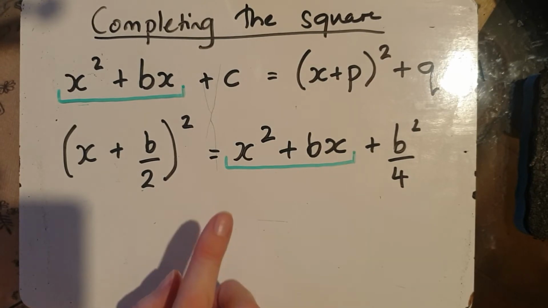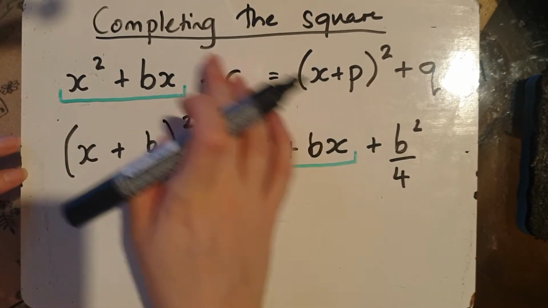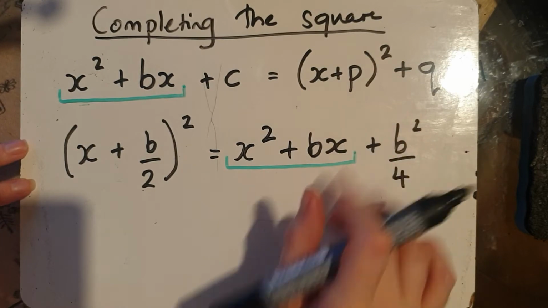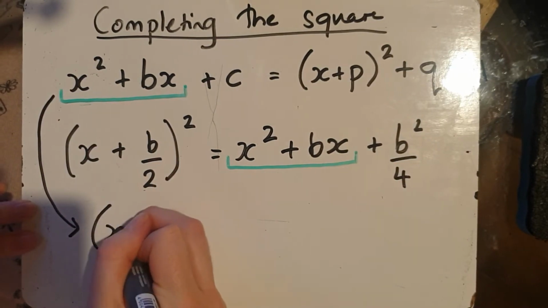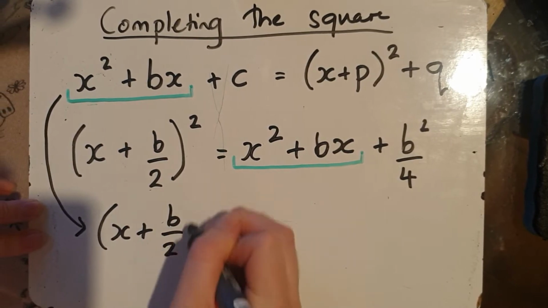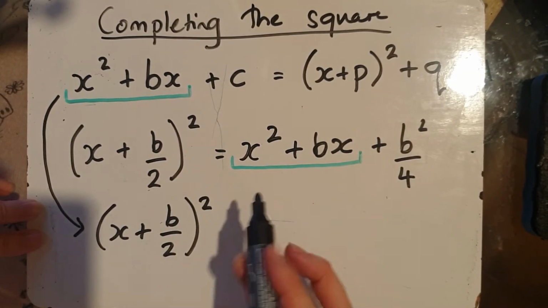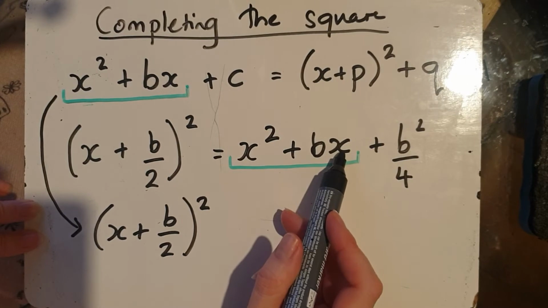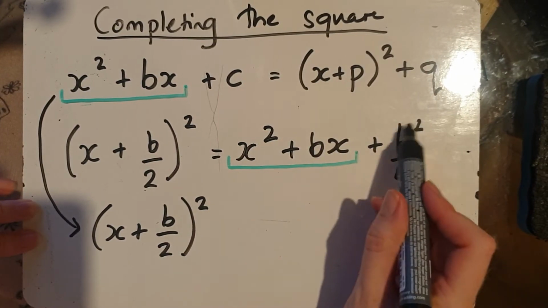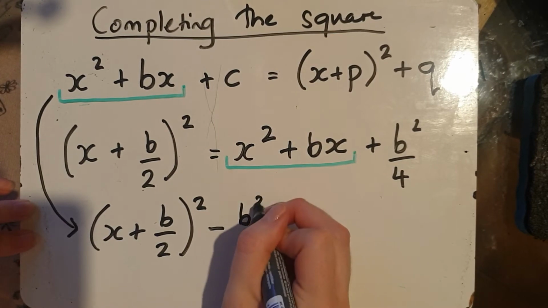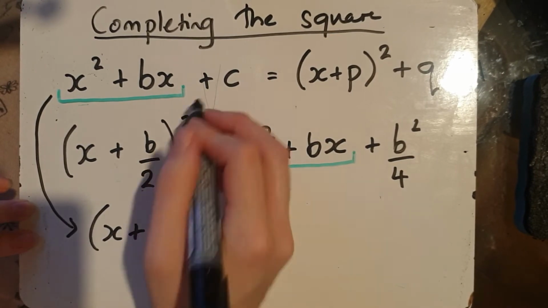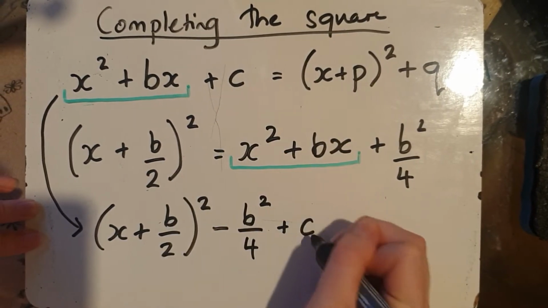So the general way that we get this into this is we do x plus b over 2 squared, and that will give us the x squared plus bx, but it would also give us plus b squared over 4, so we minus that, and then we need this plus c, so we add c on.